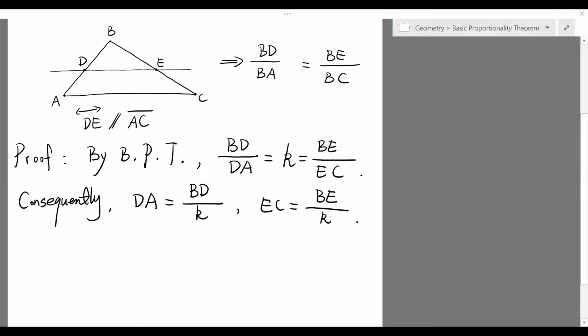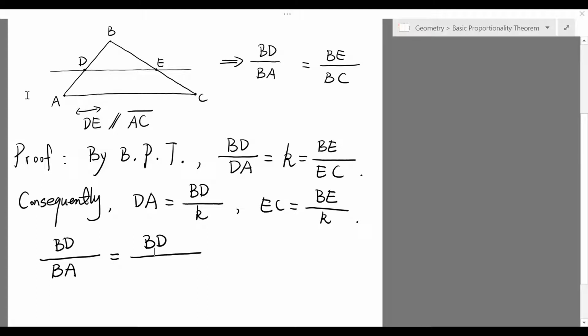Now let's try to compute the ratio BD over BA. However, we observe that the side BA is in fact the union of BD and DA.